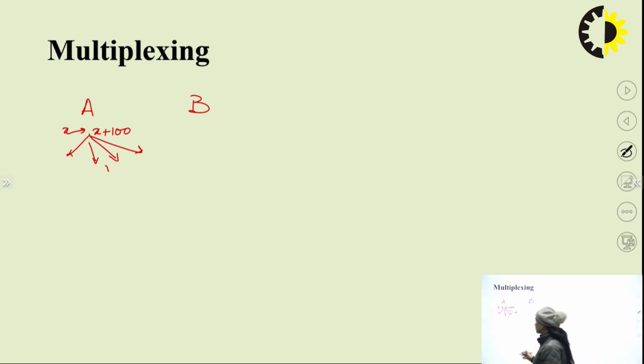So in frequency division multiplexing, on the x-axis, if I consider the various frequencies available, I'll divide the frequency axis in such a way.